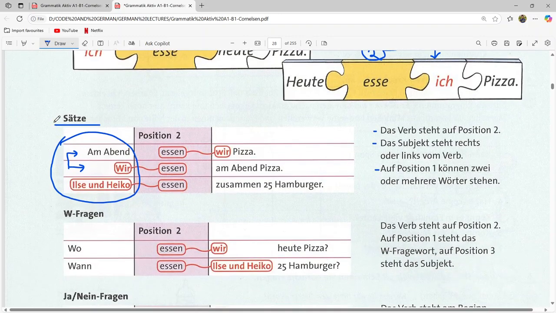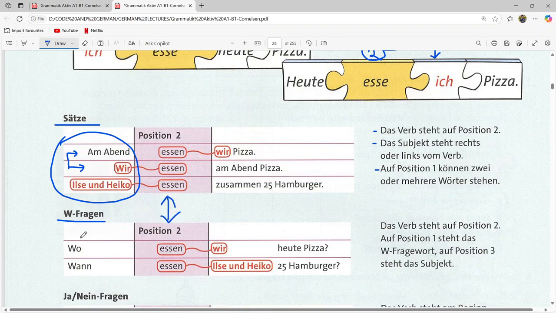The next type of sentence is Fragen. We did the Fragen chapter in the previous chapter. Fragen are the W-questions. It can be was, wo, wann, like this. So how will the sentence formation be done? At position 2, always the verb.